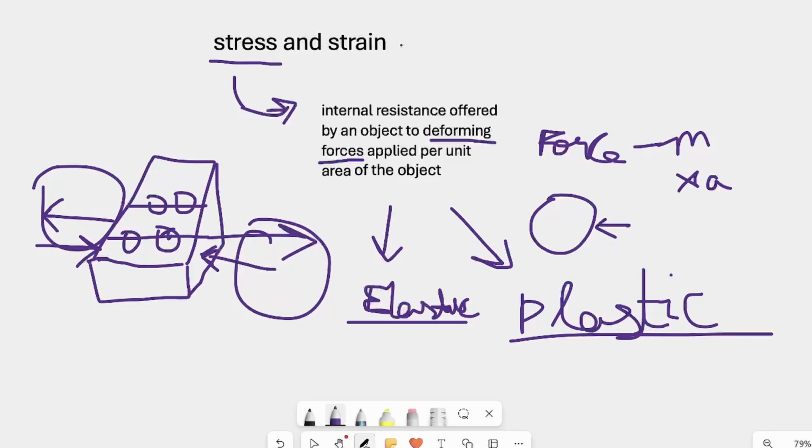So basically strain is nothing but a change in the dimension by original dimension.